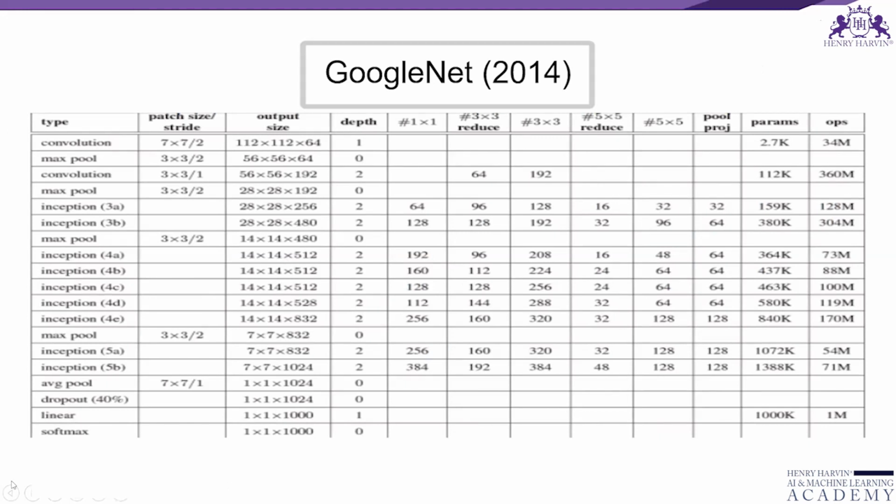A fully connected layer with 1024 units and rectified linear activations, and a dropout layer with a 70% ratio of dropped outputs, and a linear layer with a softmax loss as the classifier, predicting 1000 classes as we have seen already.